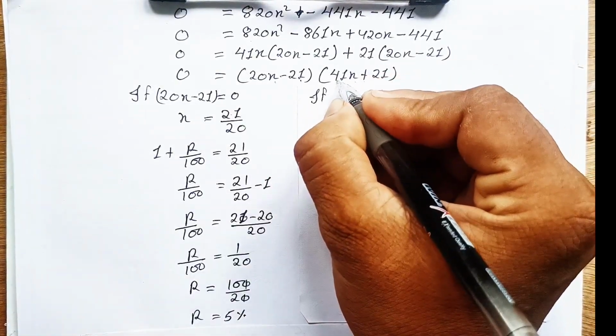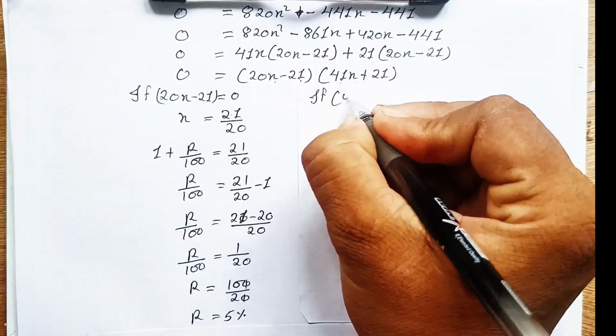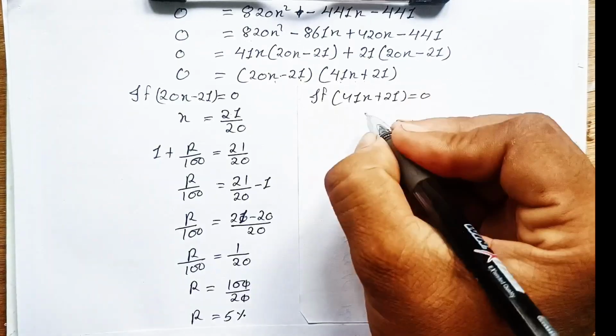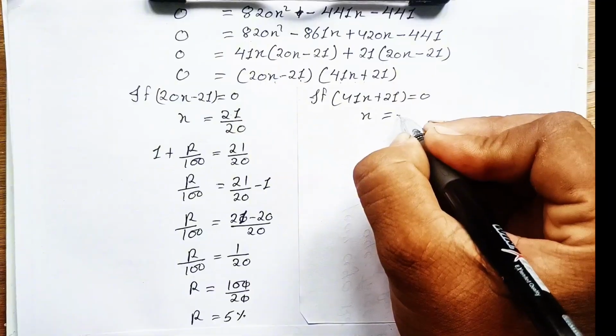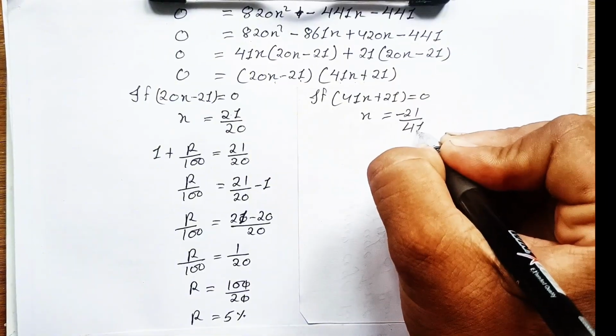And if the factor 41x plus 21 is equal to 0, then x is equal to minus 21 upon 41.